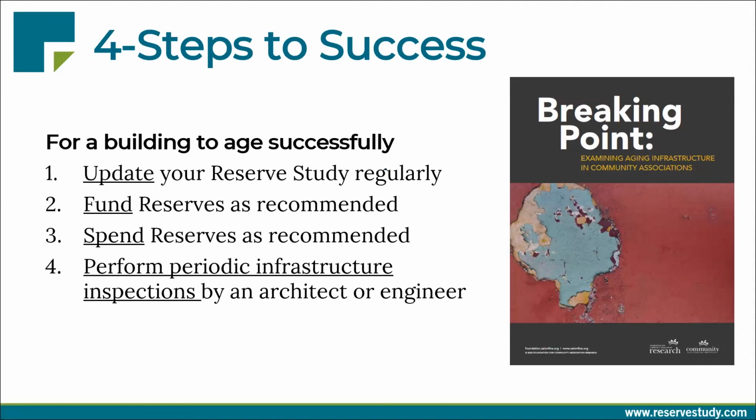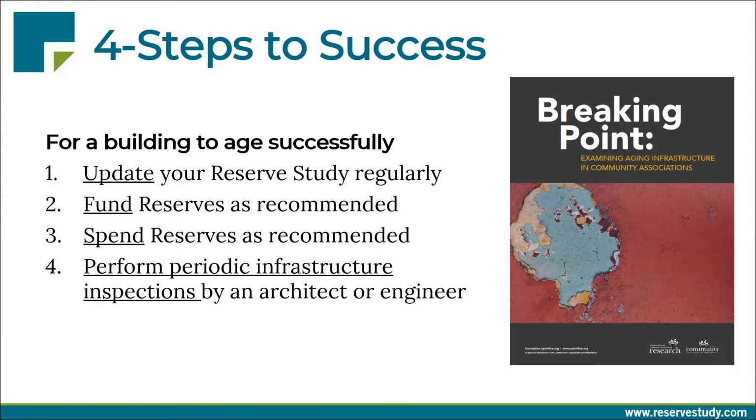And then the CAI Research Foundation came out with this multi-year study in early 2020, talking about how a building ages successfully. It takes 4 things. The characteristics of buildings that do age successfully were associations that updated their reserve study regularly.